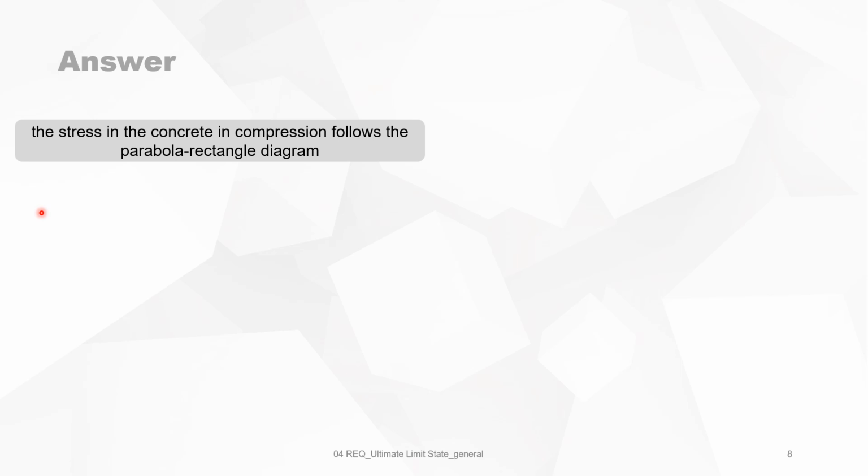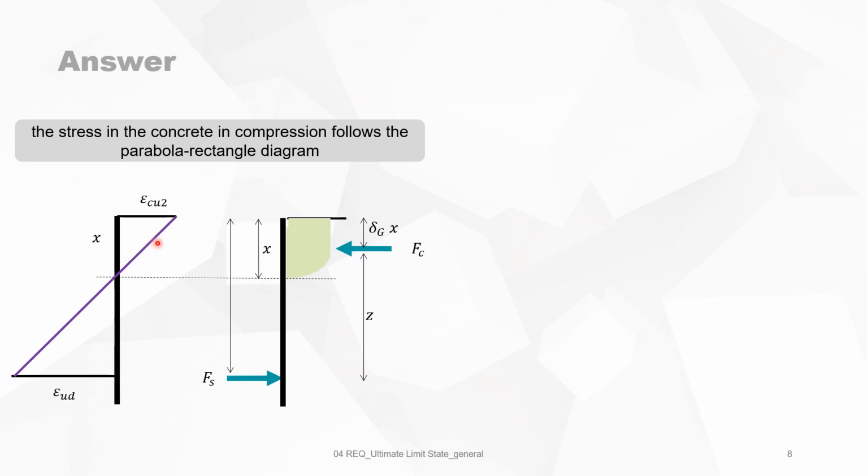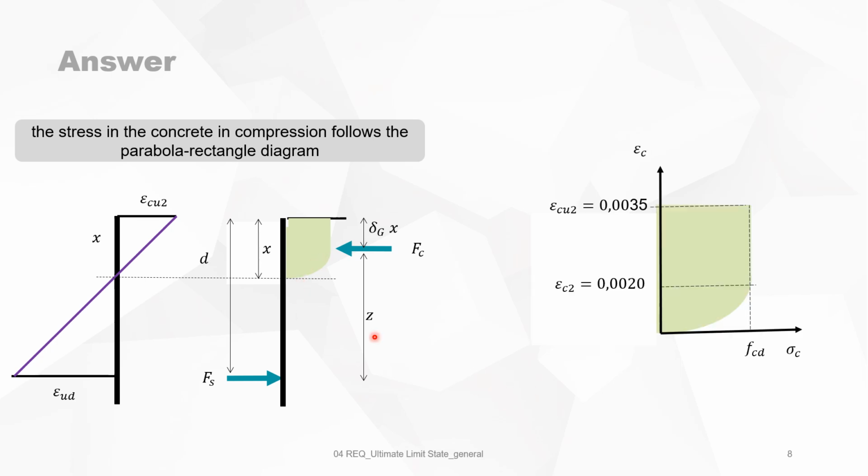Another assumption is that the stress in the concrete in compression follows the parabola-rectangle diagram. Again, we have the strain diagram and the stress diagram, and it's about this green diagram. If we enlarge it, it is composed of a parabolic portion plus a rectangular one.